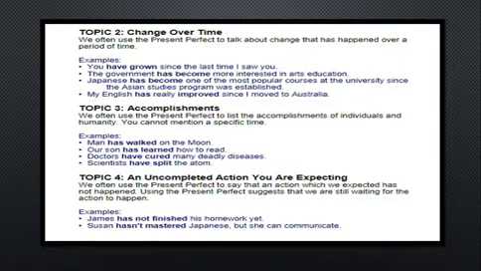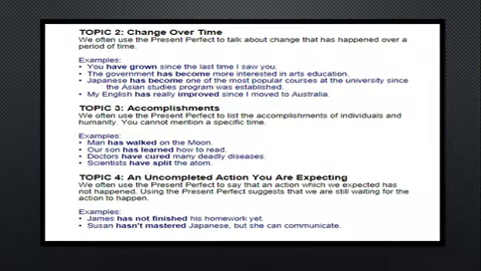Topic 3. Accomplishment. We often use the present perfect to list the accomplishment of individuals and humanity. You cannot mention a specific time. Examples. Man has walked on the moon.